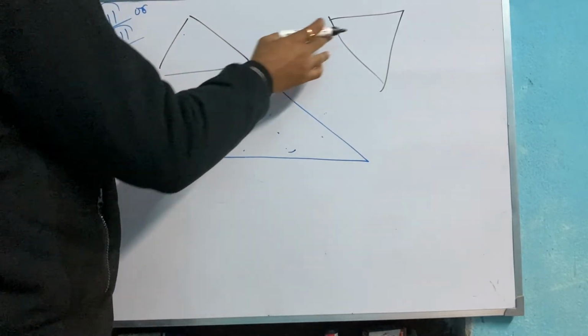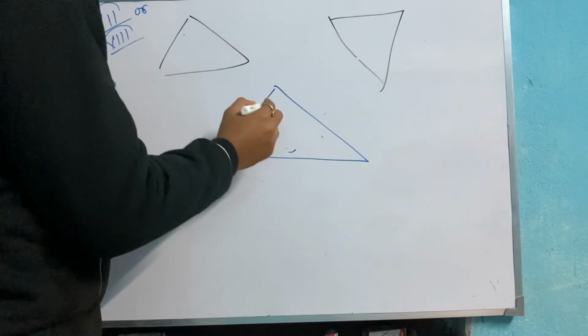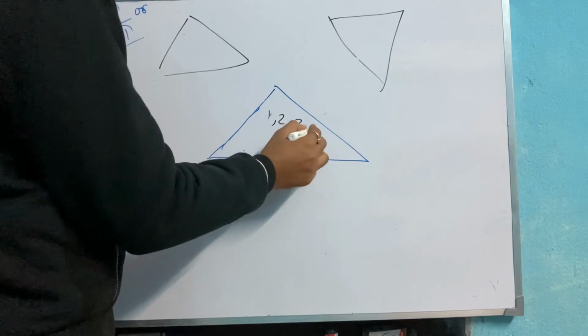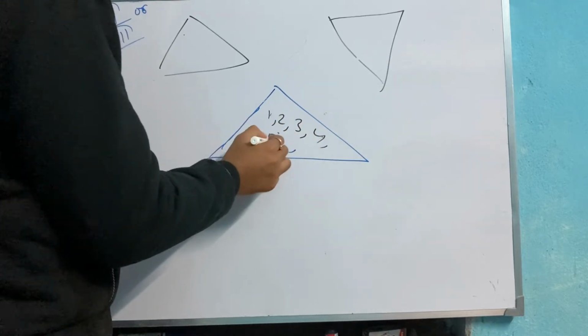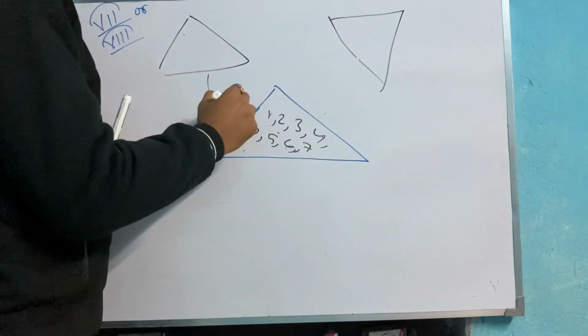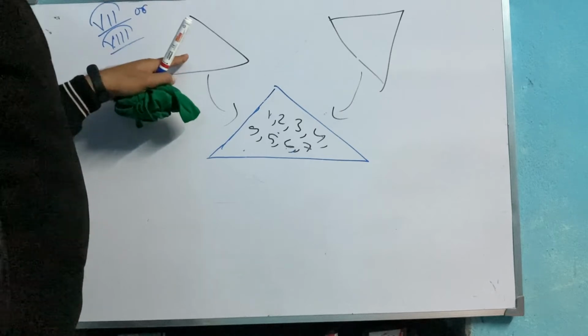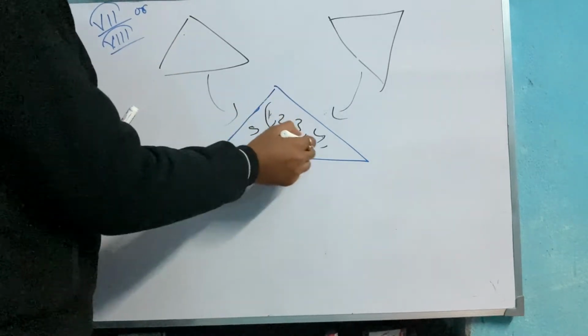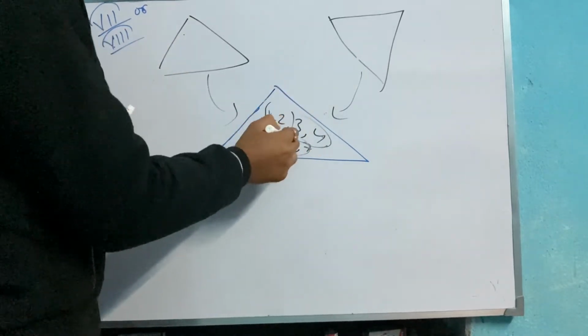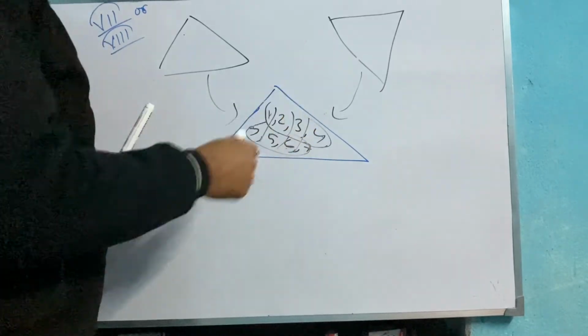Now I have mixed them both here: 1, 2, 3, 4, 9, 5, 6, 7. I mixed them on this big triangle. You don't know where the numbers are. You don't know anything. From where are the numbers taken?